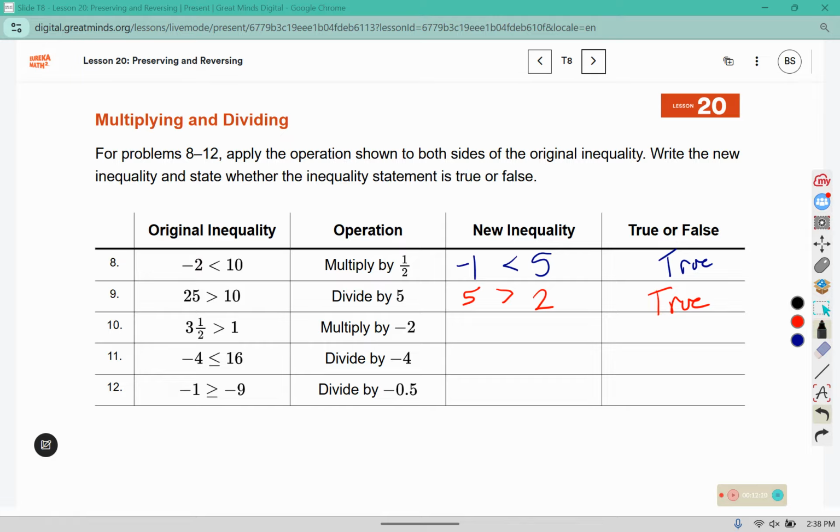But if we multiply by negative 2, 3.5 times 2 would be 7, but 3.5 times negative 2 would be negative 7. 1 times negative 2 is negative 2, and our symbol faced this way. Is negative 7 greater than negative 2? No, negative 7 is to the left. So that one is false.